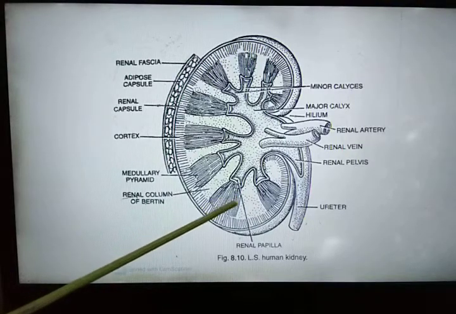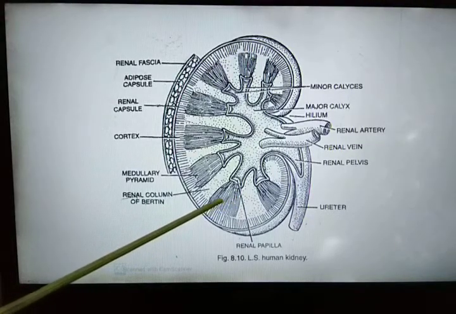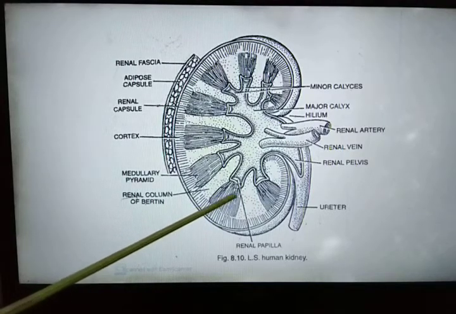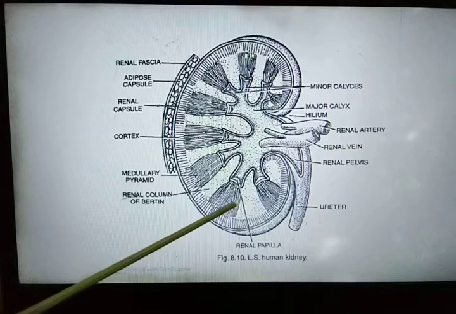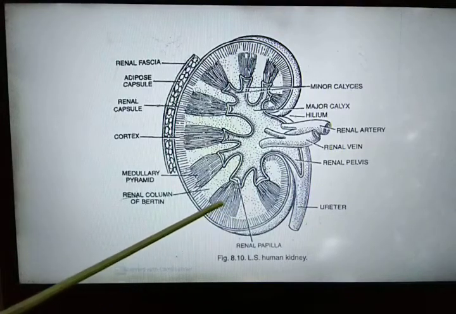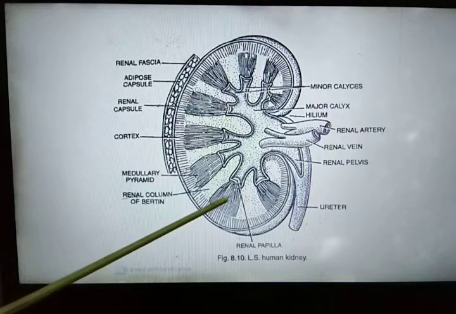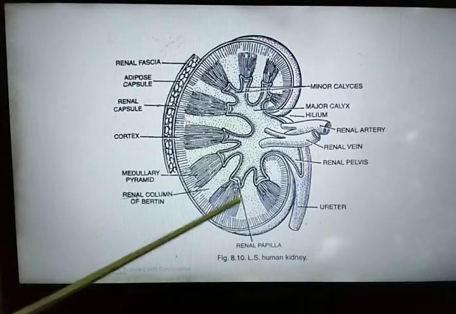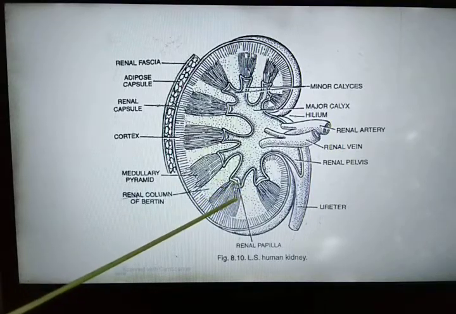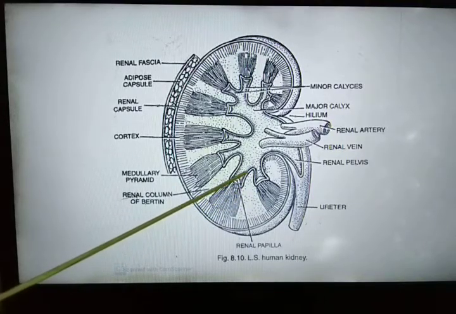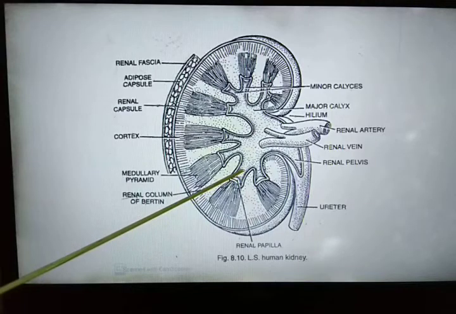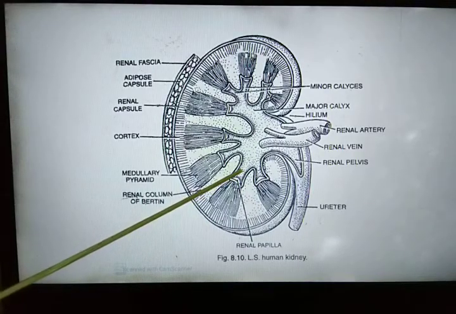In one kidney there can be 15 to 16 medullary pyramids. Their broad base lies towards the cortex region, and the narrow side is towards the inner side of the medulla.